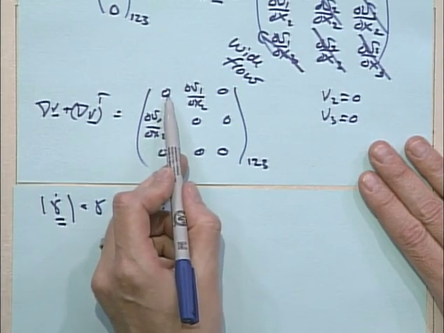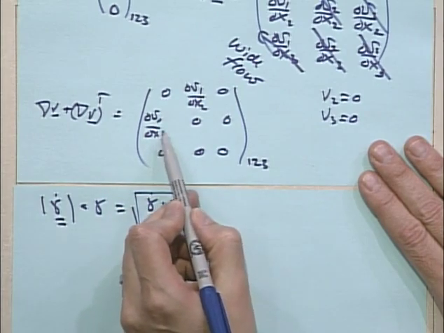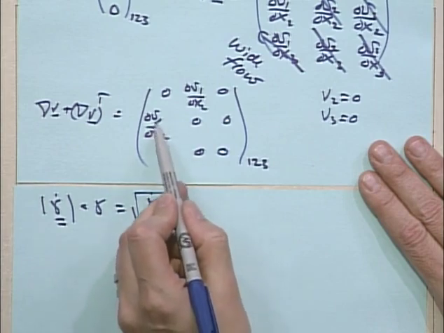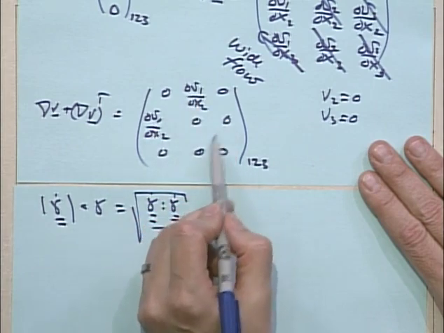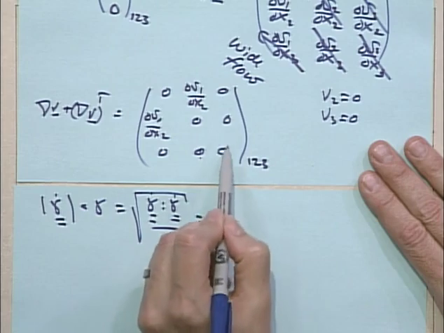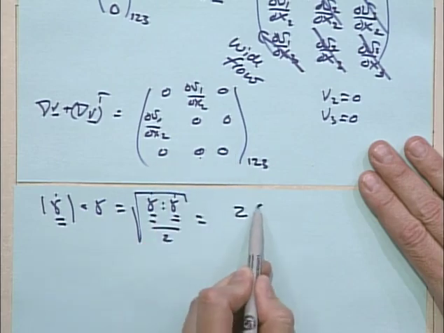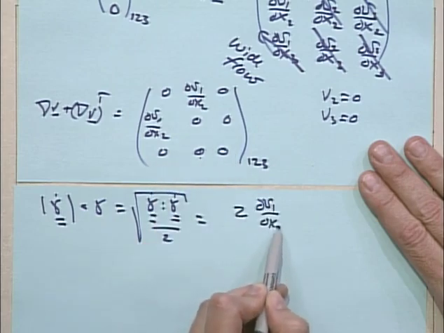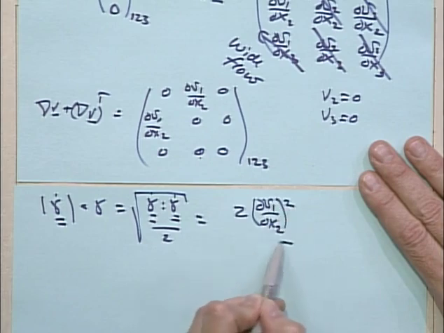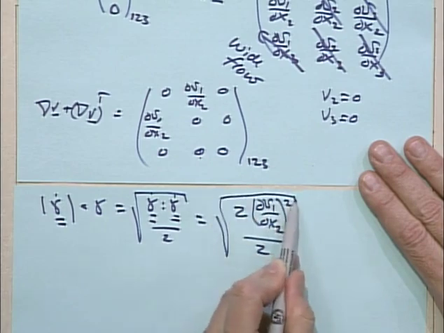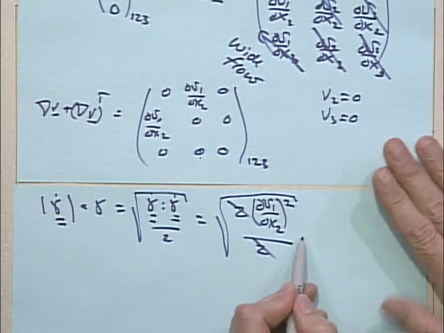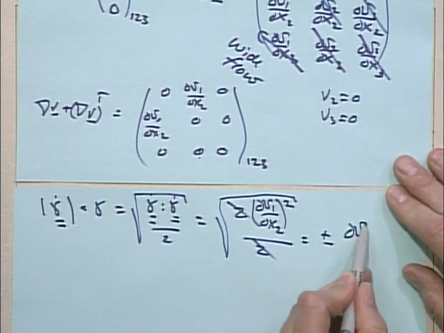So it's 0, dv1 dx2 squared, plus dv1 dx2 squared, plus 0, plus 0, plus 0, plus 0, plus 0. So again, it's 2 dv1 dx2 squared over 2, quantity square root. And we get plus and minus dv1 dx2.